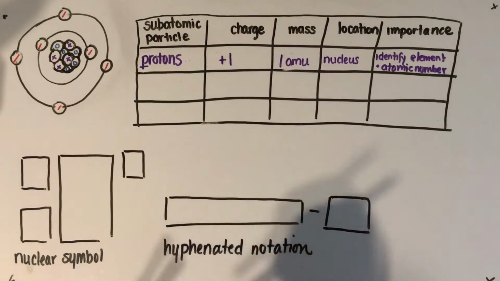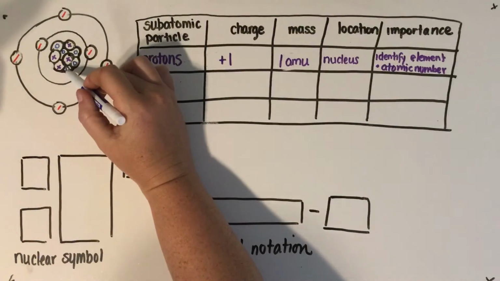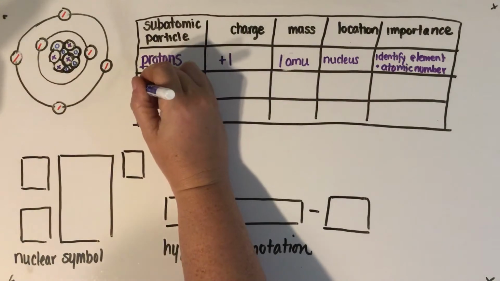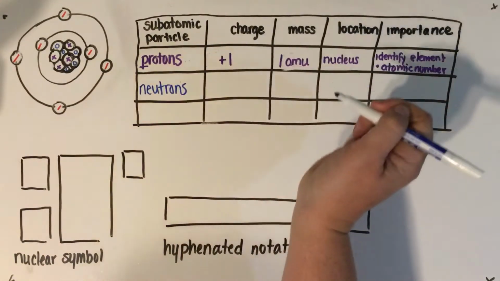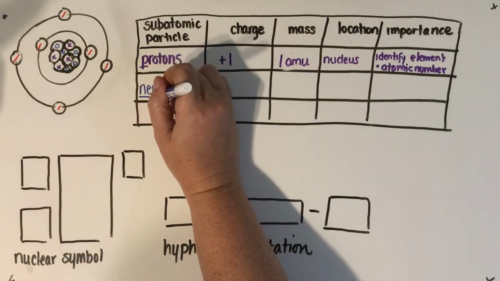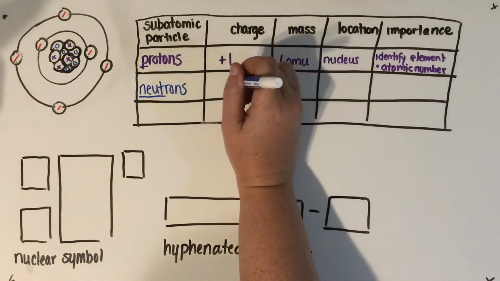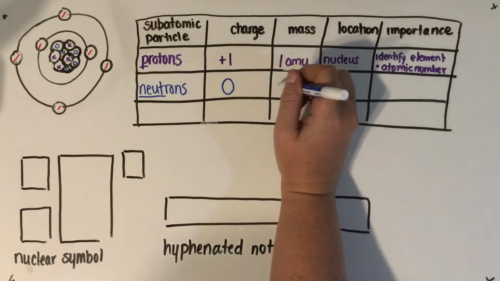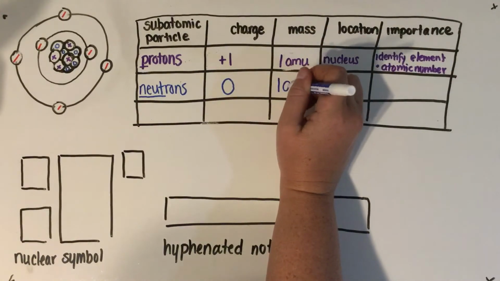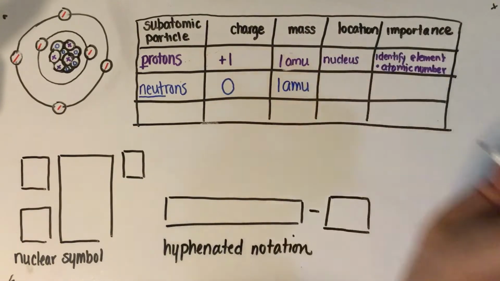The next type of particle that we'll look at are these ones that are shown in blue. These are our neutrons. Now, neutrons are actually neutral. They are uncharged. They do not have a charge, but they do have a mass that's very similar to the mass of a proton.